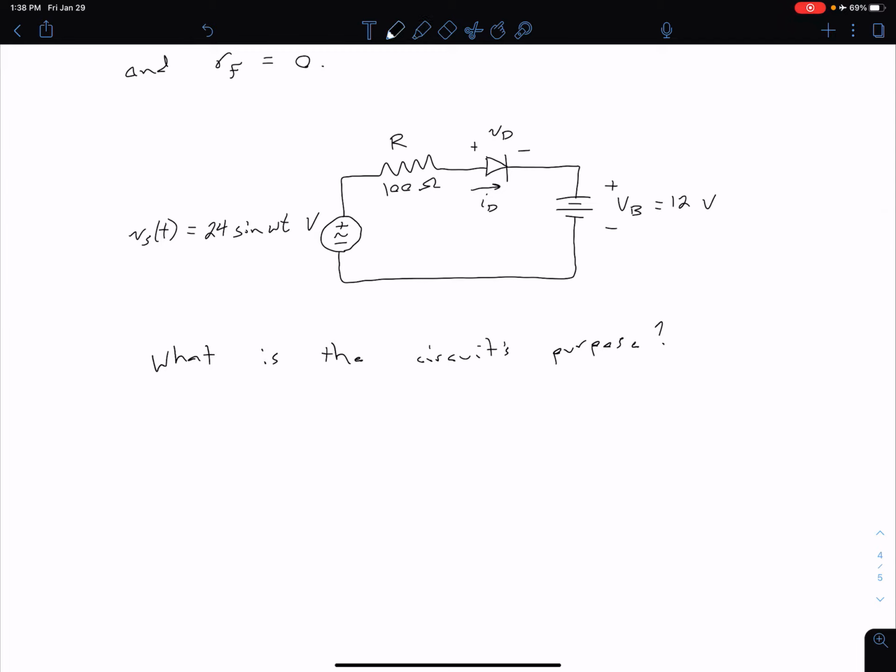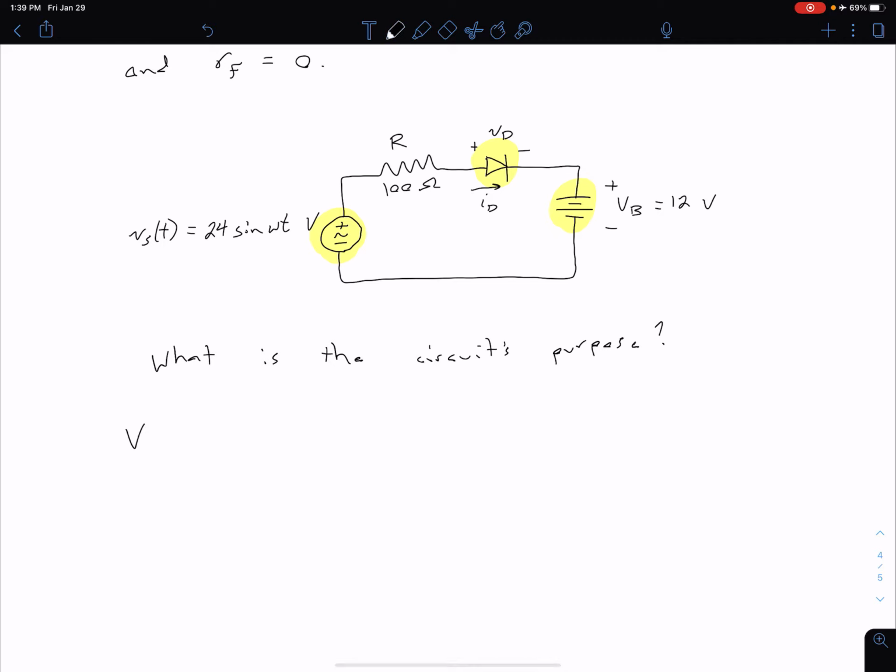Okay, now let's take a closer look at how we can analyze for our maximum diode current and our peak inverse voltage. Again, this circuit is very similar to what we looked at last time. The main difference is the addition of this battery. So instead of only having to overcome a V gamma, our source voltage, this Vs, now has to overcome the cut-in voltage of our diode, V gamma, and the voltage of the battery.